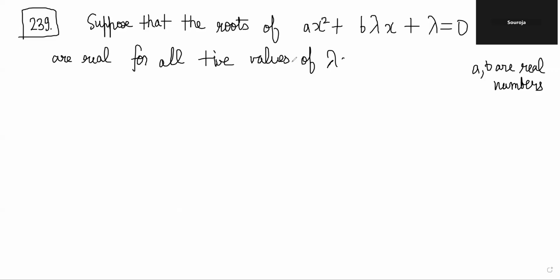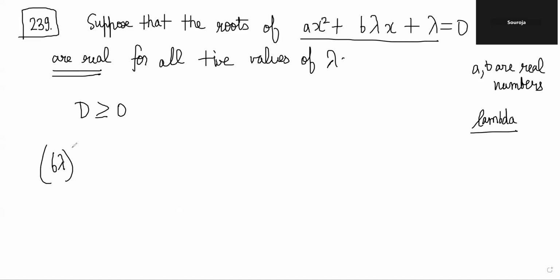Right. So if somebody says the roots of a quadratic are real, what is the inequality that comes to mind first? Greater than or equal to 0. What is greater than or equal to 0? The discriminant. So discriminant is greater than or equal to 0 is the first thing. And for this quadratic, what will be the discriminant? b lambda whole square minus 4a lambda.